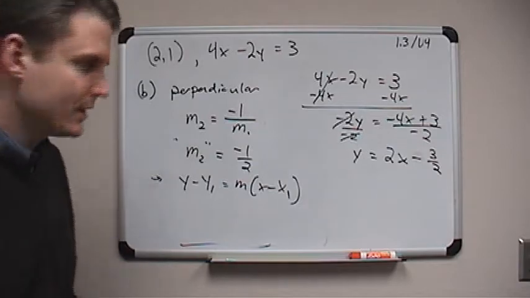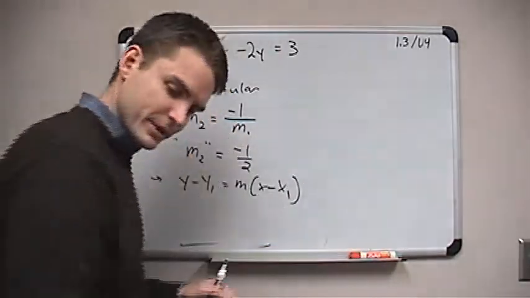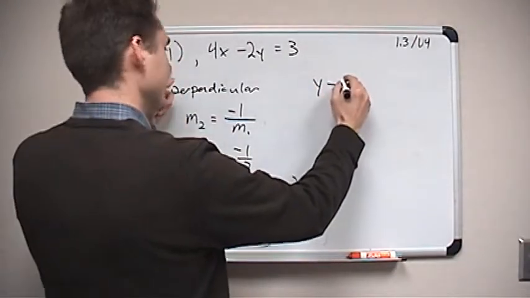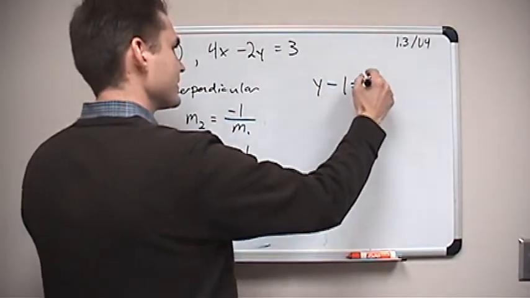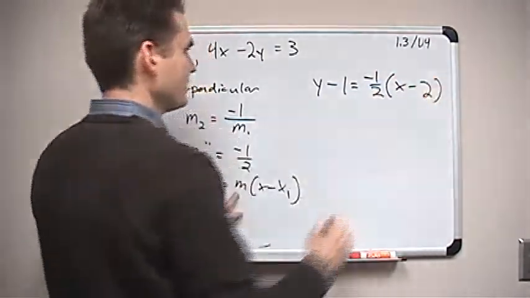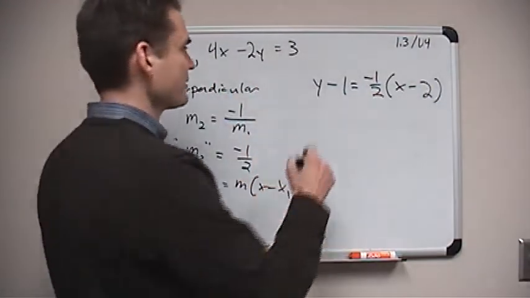I'll erase some of the scratch work. I've got y minus 1, that's my y coordinate, equals the slope, negative 1/2, times x minus 2. I've got to simplify this and solve for y.